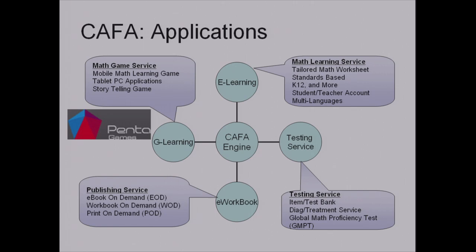This full item bank, geared to AIG, and the diagnostic and treatment process can be integrated into regular testing services. This Cafa engine can also be applied to an eWorkbook, or workbook on demand, a tailored electronic workbook. This is beyond PDF and electronic workbooks, since we can make individual workbooks based on each student's progress.